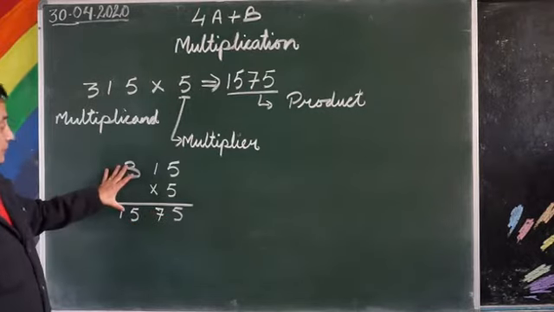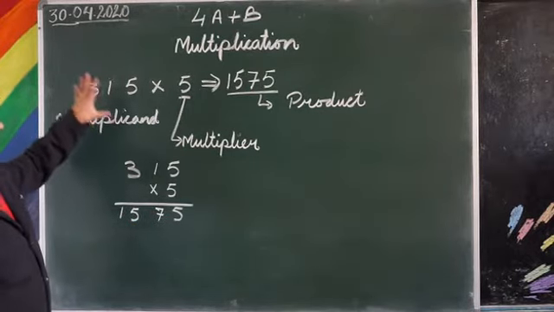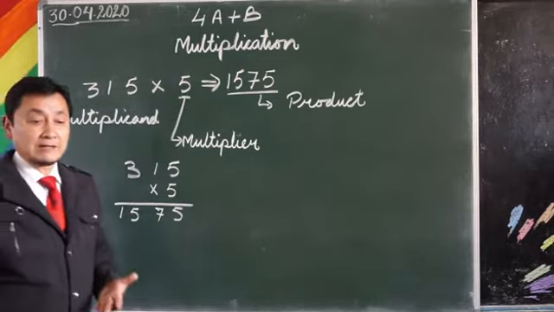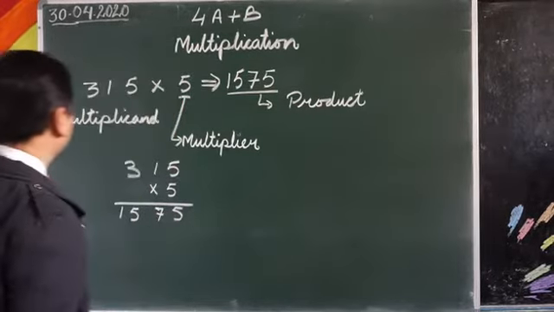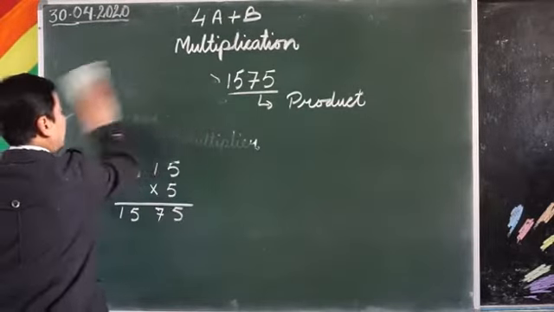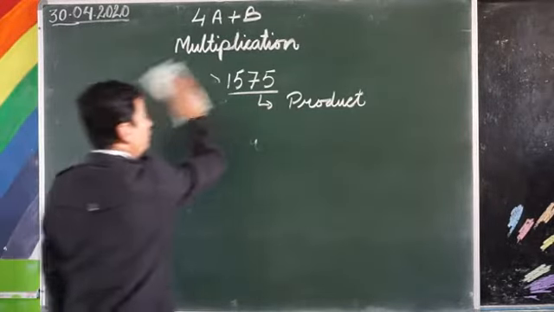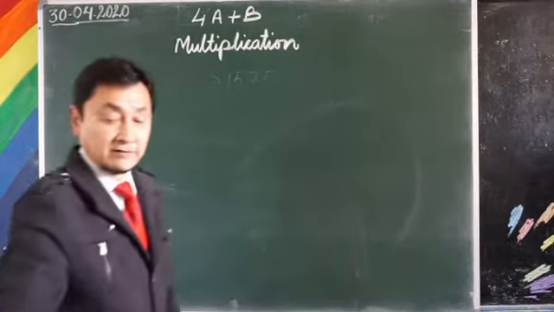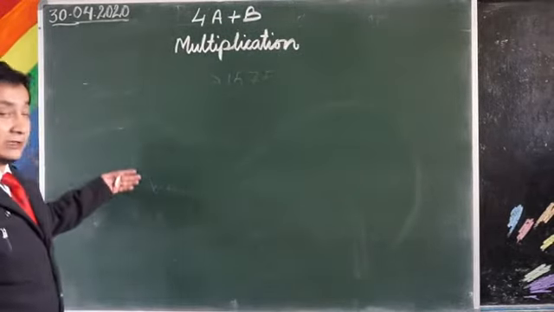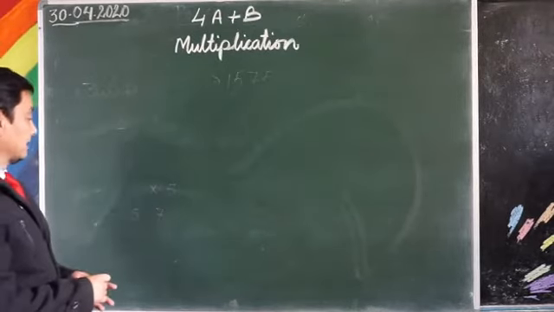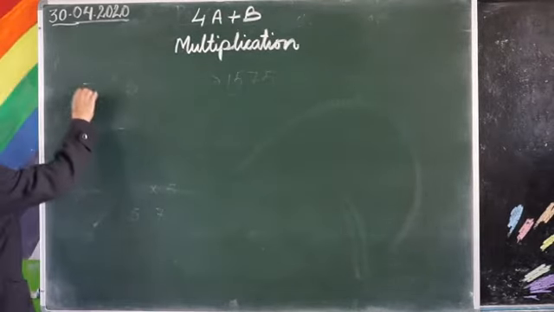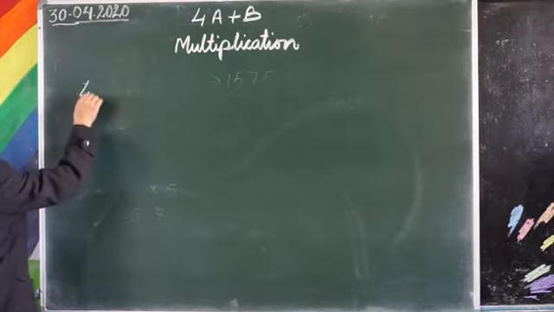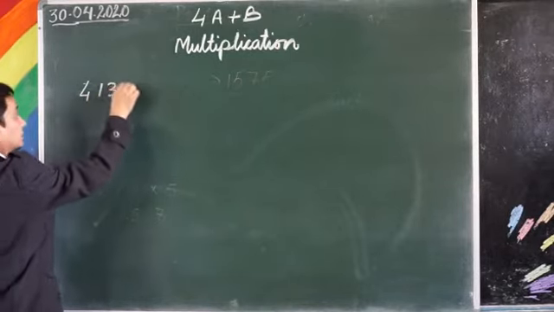But before we do this, let us try some sums in this way, as we have done multiplying by 10, by 100 and by 1000. Now let's try horizontal multiplication, and then we'll do it in the second way, in which we arrange and multiply. So let me give you 5, 6 sums. 413 into 10.